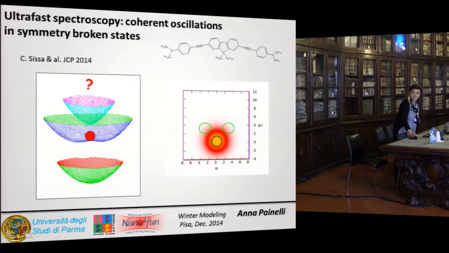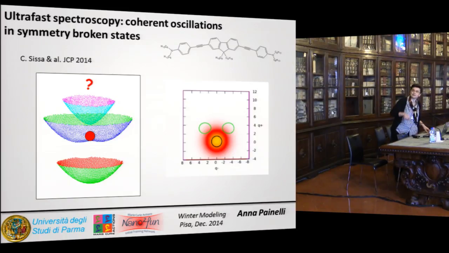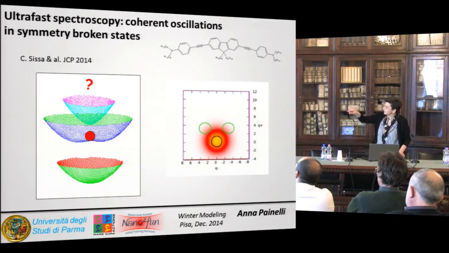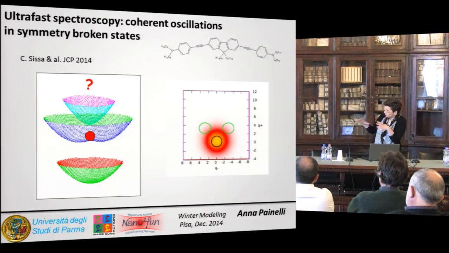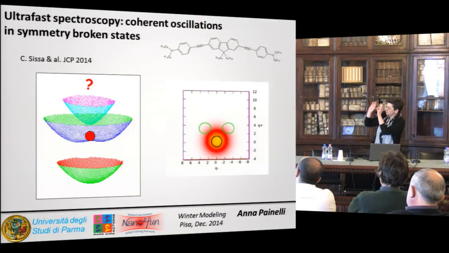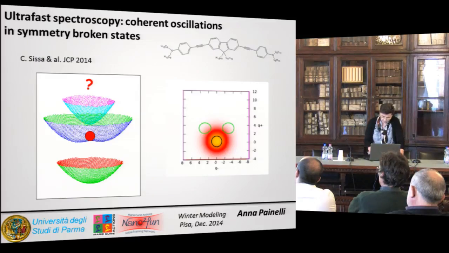This is basically the potential energy surface of the ground state. The red thing that you see is the coherent wave function, and the two green circles are the minima of the excited state potential energy surface.